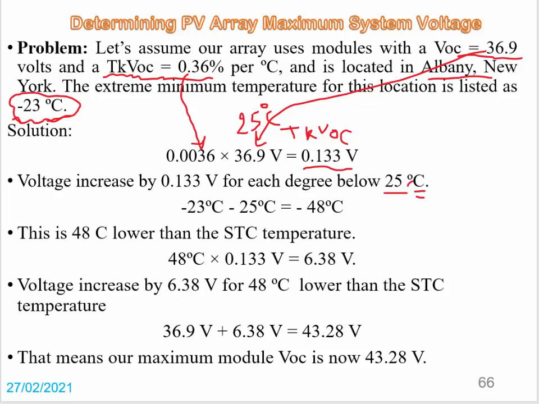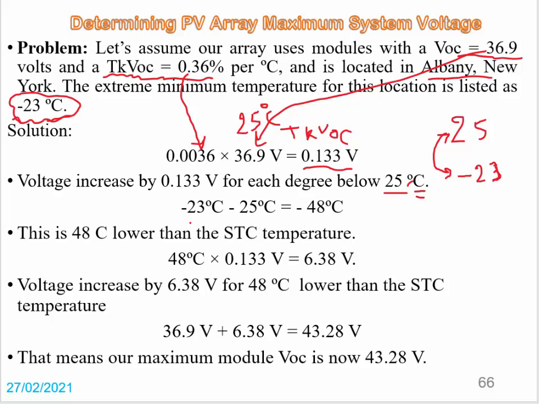Now the lowest value is minus 23, and the standard value is 25. So what is the difference between 25 and minus 23?